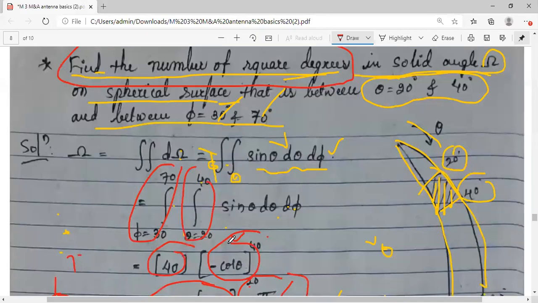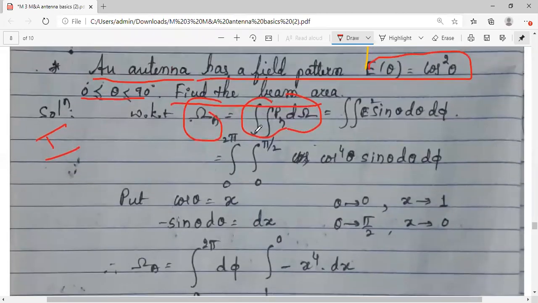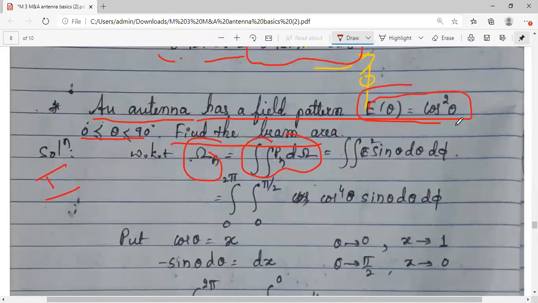So from that formula, I'm solving it by one method. If you observe, the power Pn value is not given to you, but instead the field variation is given. But we know the relation between the power and the field.